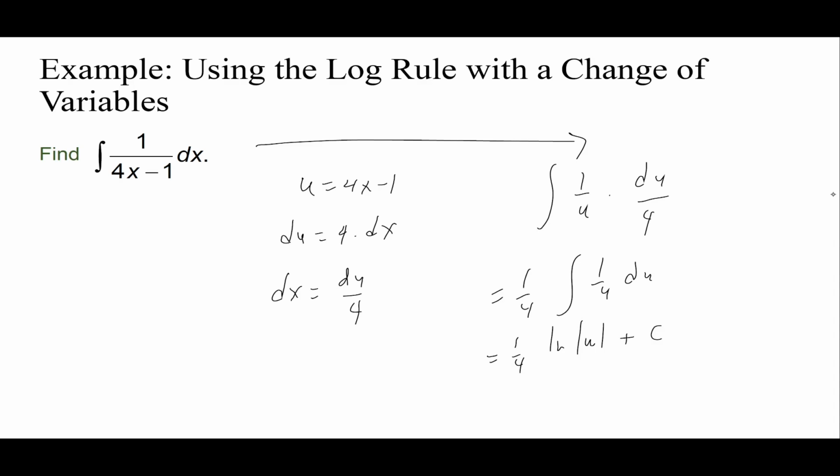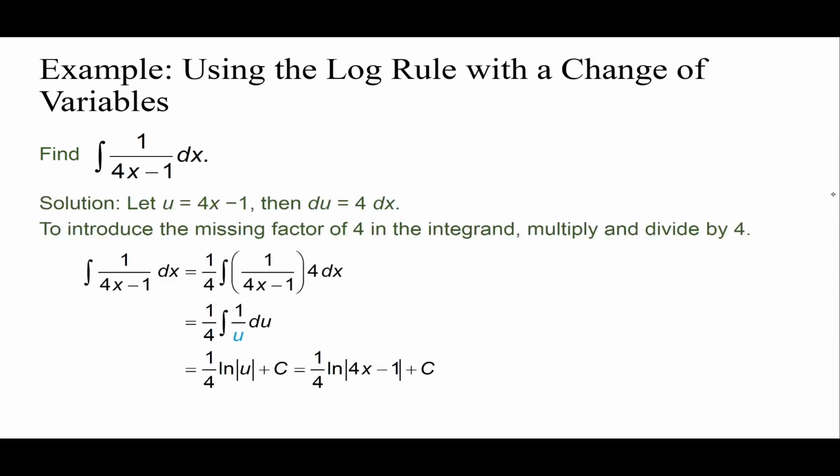Finally we need to plug the value of u back, which is 4x minus 1. And then eventually the answer would be 1 over 4 times ln absolute value of 4x minus 1 plus c.